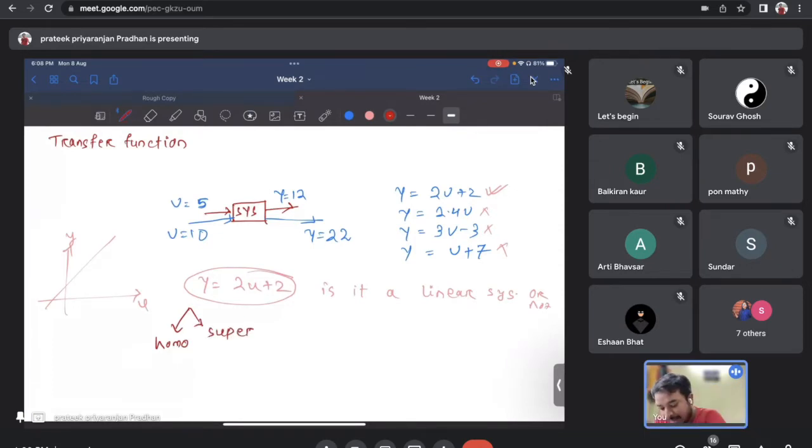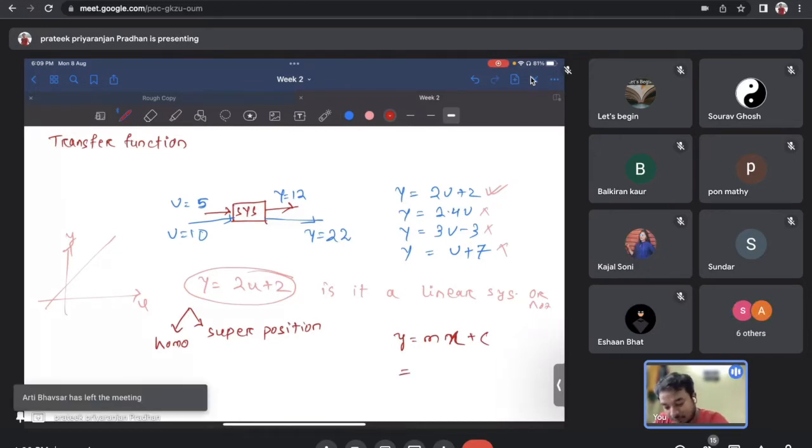If any of the properties is not satisfied, it's not a linear system. So if I take y equal to mx plus c, and according to the homogeneity property, I give the input ax, then my y dash will be ax plus c.